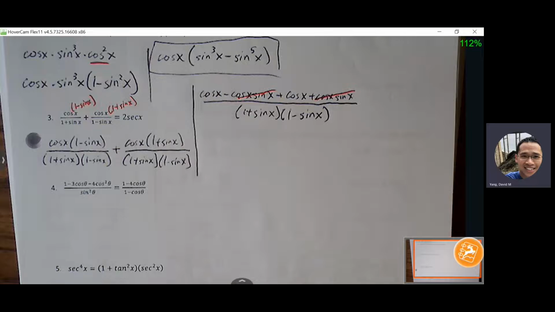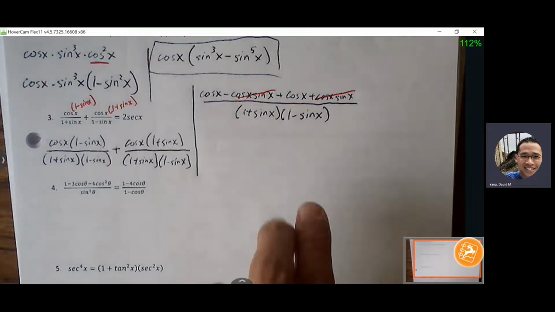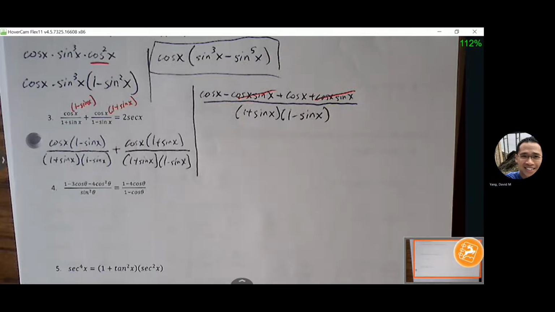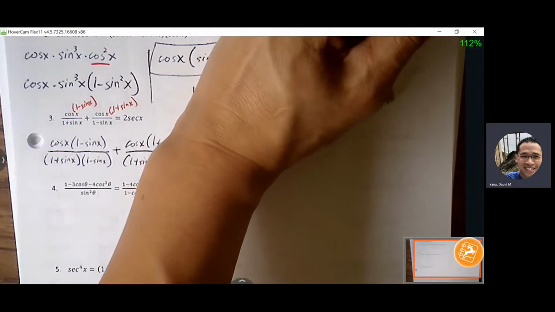Okay, not yet. But denominator. After we combine the denominator, we should be able to make that happen. But the numerator, I'm just trying to see if I can do some cleanup with the numerator. So I see those cosine signs can go away. So the numerator, I'm left with plus cosine plus cosine. 2 cosine.